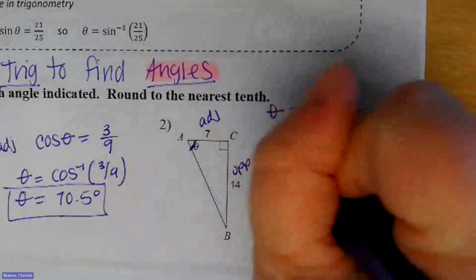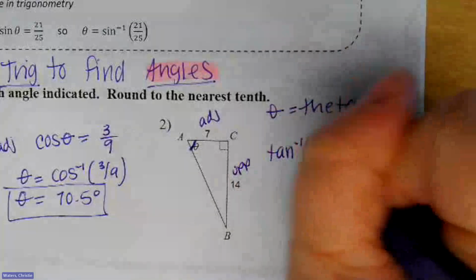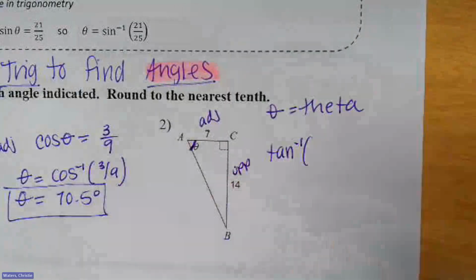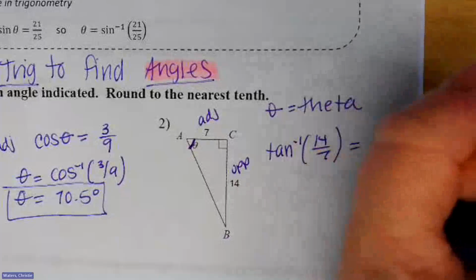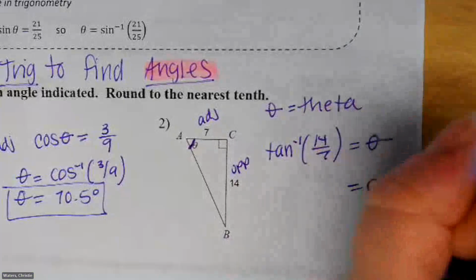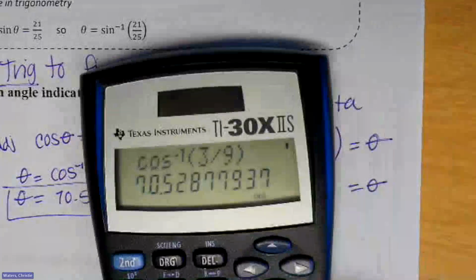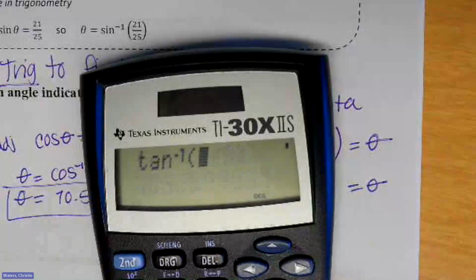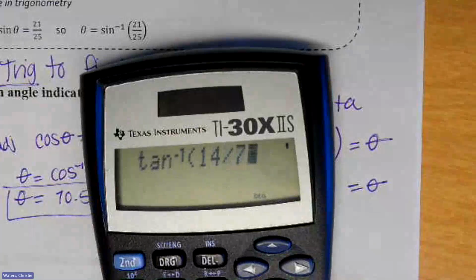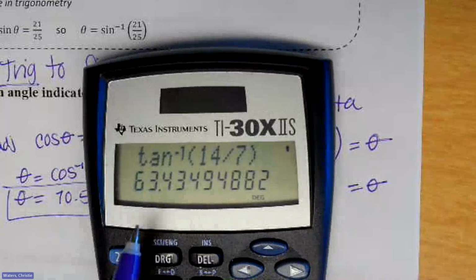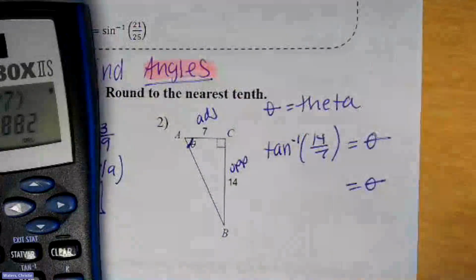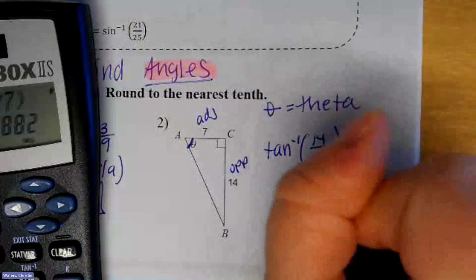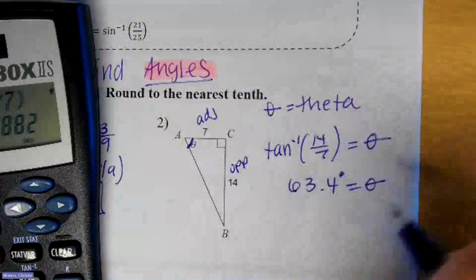And I'm just going to say the inverse tangent of opposite over adjacent, so 14/7, equals theta. So I'm going to type that in my calculator. Second tangent, 14 divided by 7. And I get an answer of 43.4. And again, I'm going to the tenths place, so I'm just going to stop there. I mean 63.4 degrees.